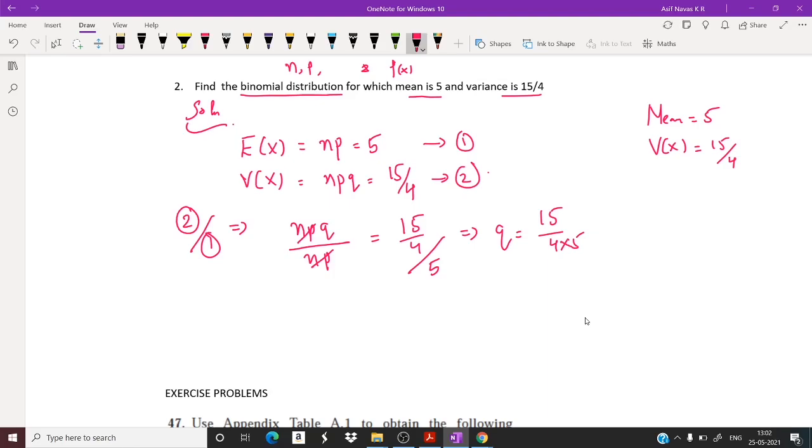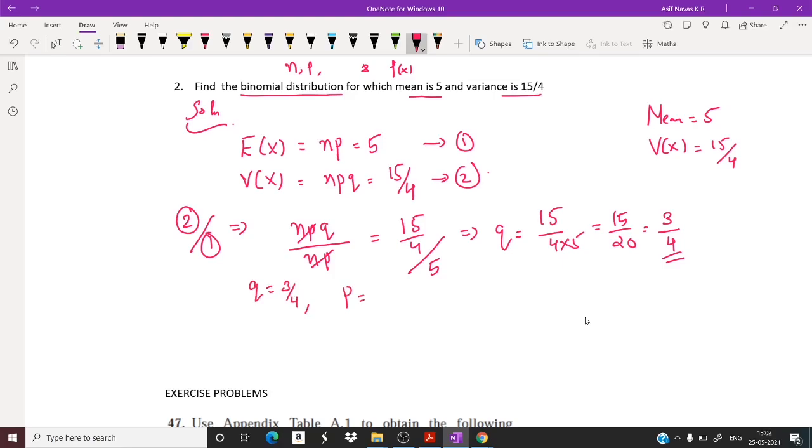Q is equal to 15 by 20. The common factor is 5, right? So 3 by 4. So Q is 3 by 4. Is it correct? Q is 3 by 4.